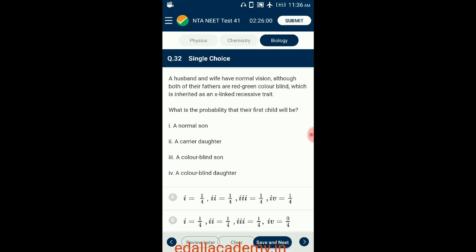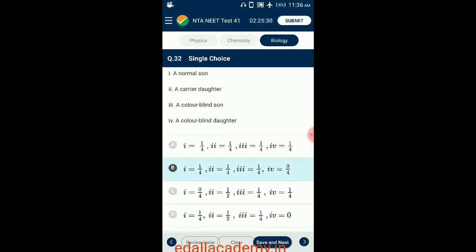Thus, the probability the first child will be a normal son is 1 by 4. A carrier daughter is 1 by 4. A colorblind son is 1 by 4. And the colorblind daughter is 0. If both husband and wife have normal vision, though their fathers were colorblind, the probability of the daughter becoming colorblind is 0%. The chances of a daughter becoming colorblind arise only when the father is also colorblind. So the correct option is option B.